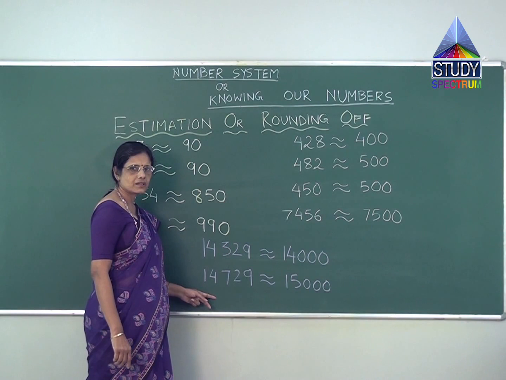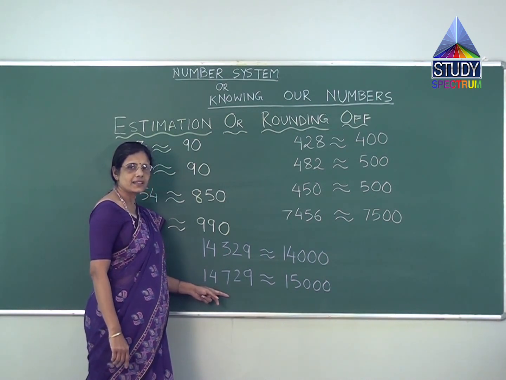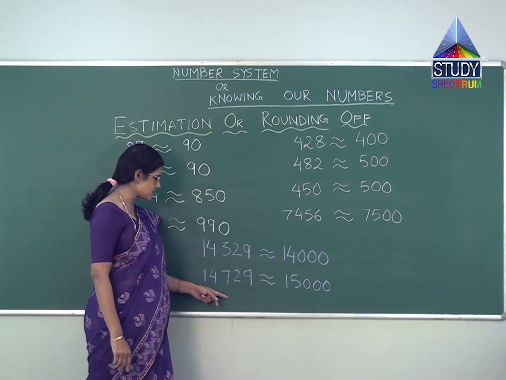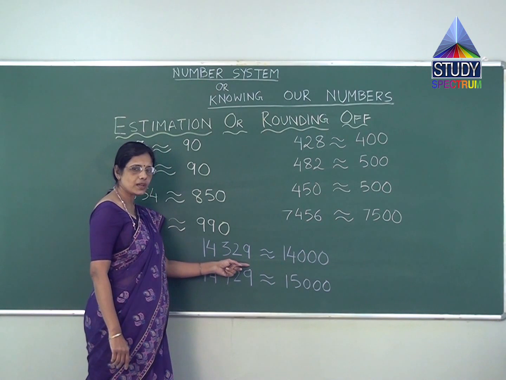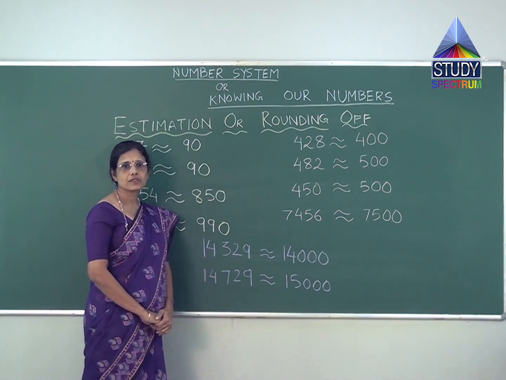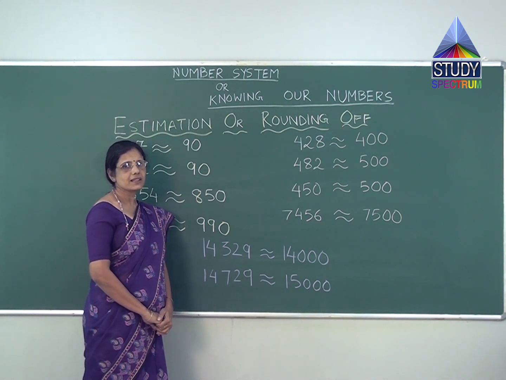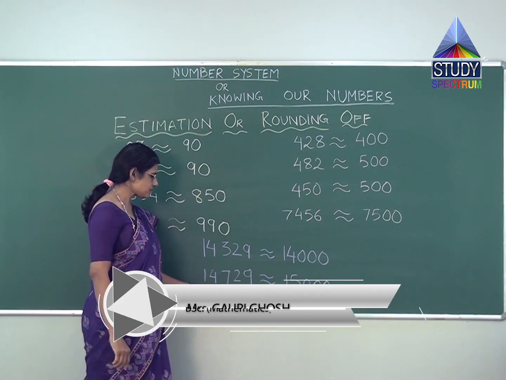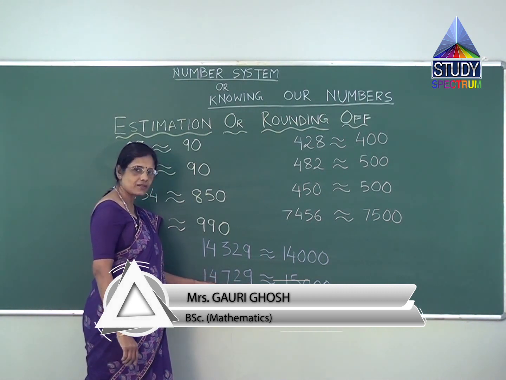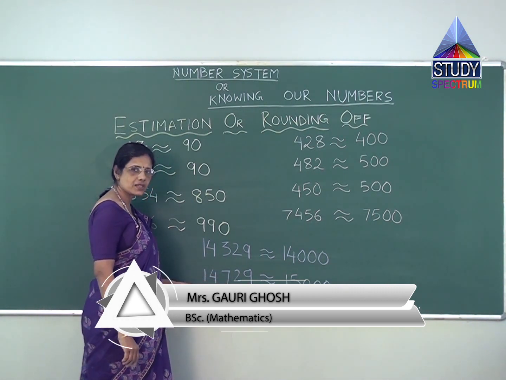Now take this one. Only one digit I have changed. That is the position of 3 and 7, and that is also the hundreds place. It is 14,729. I will also convert it into nearest hundreds. Nearest units, tens, hundreds, thousands, 10,000s again.